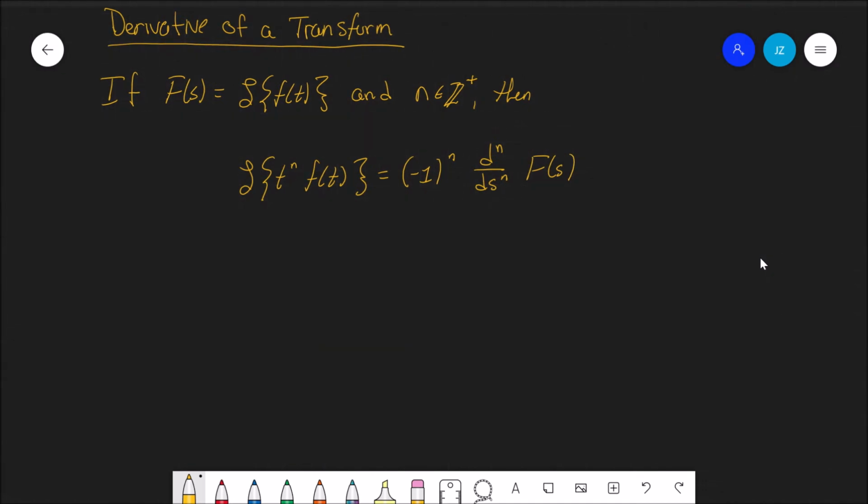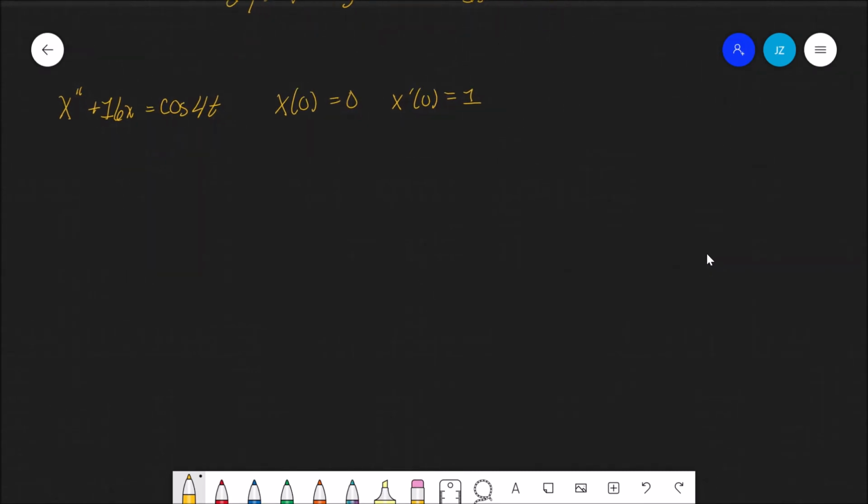So let's use this theorem to solve the initial value problem x'' + 16x = cos(4t), under the conditions that x(0) is 0 and x'(0) is 1. So we're going to have the Laplace transform of x'' + 16x equal to the Laplace transform of cos(4t).